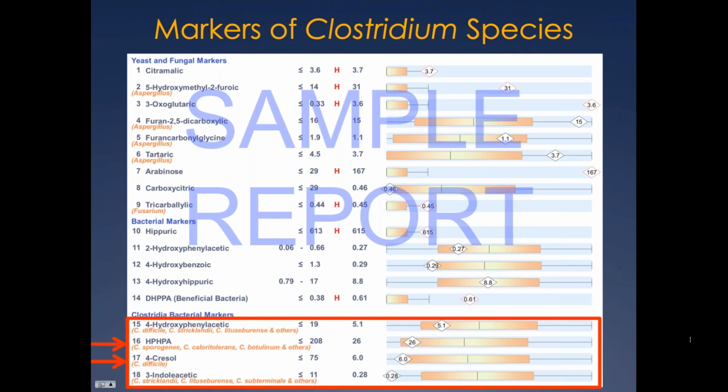These two in particular, markers 16 and 17, are particularly concerning when they are robustly elevated. Now I should say it doesn't matter too much for this discussion, but you can see this orange bar with a vertical line down the middle. That's essentially one standard deviation away from the vertical bar in the middle, which is the mean value for these markers for the overall population of patients that have been looked at.